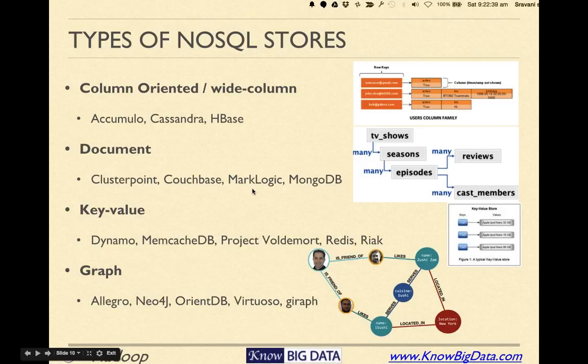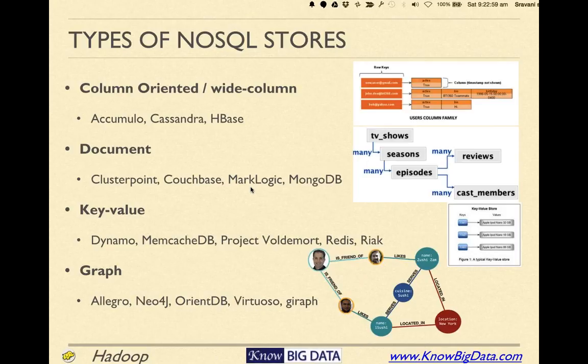Now, the third kind of NoSQL database is key value. They are the most primitive, and they were the first generation of NoSQL databases. It all started with Dynamo, a database built by Amazon.